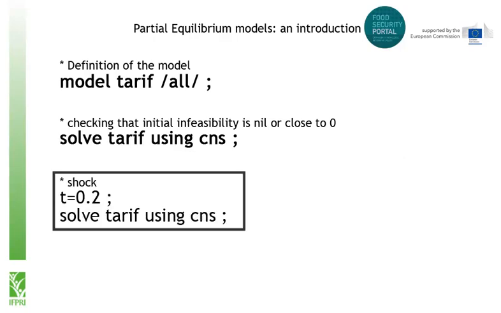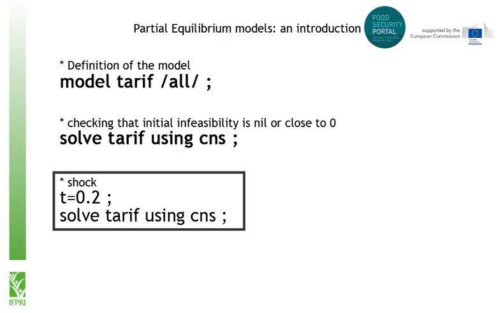And then we implement a shock. Here, the initial tariff is 0, and I change it to 20%. So for a tariff of 0, when the variables are initialized on the initial value of each variable, we've got an infeasibility which is 0.